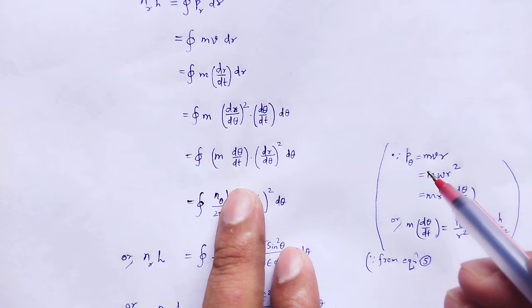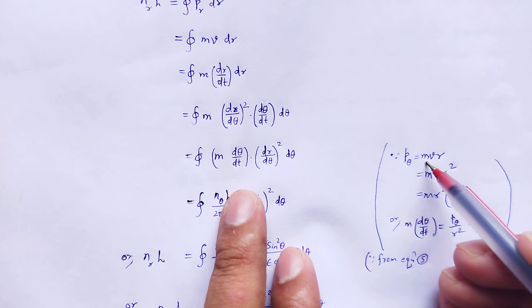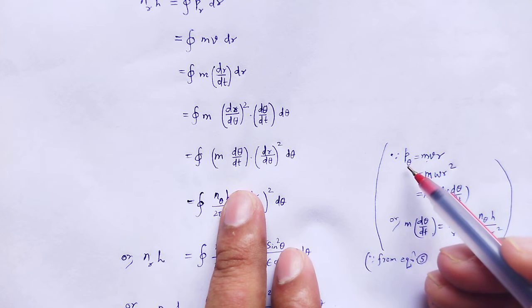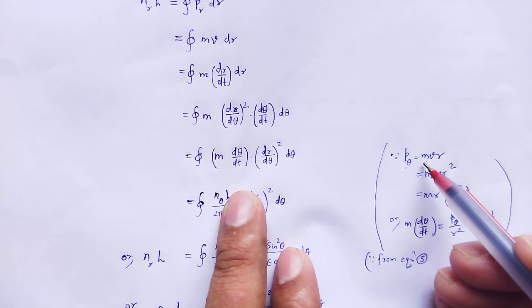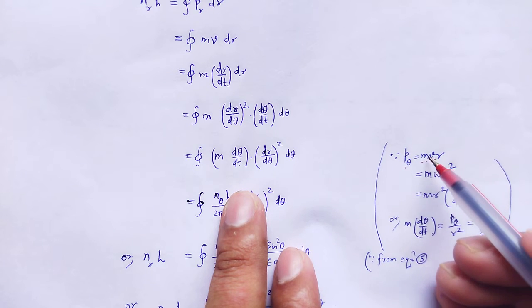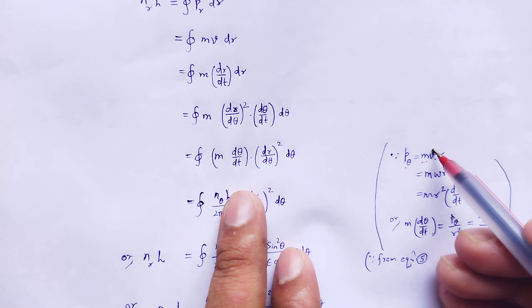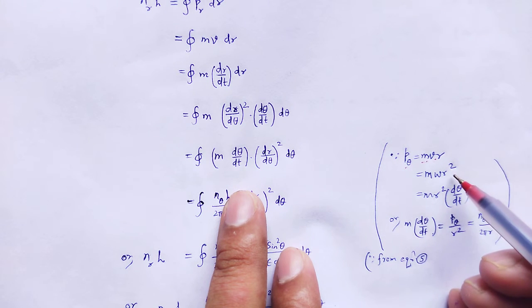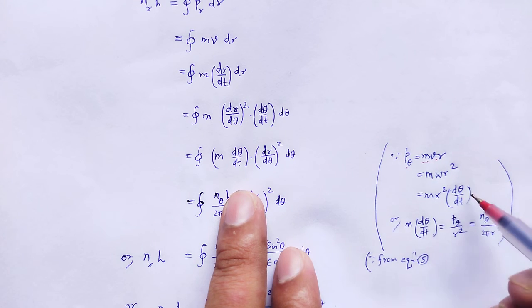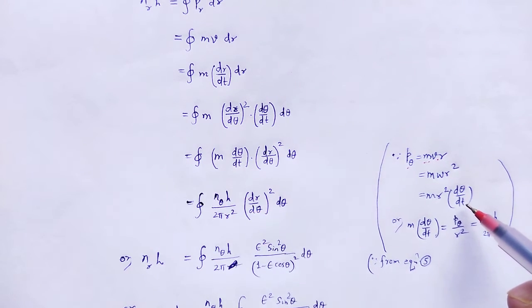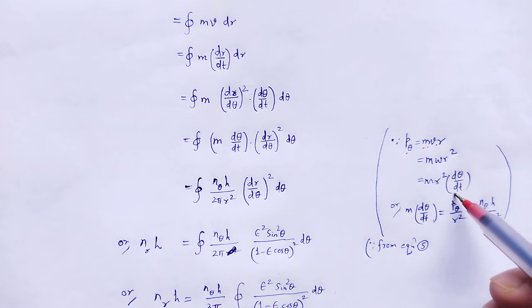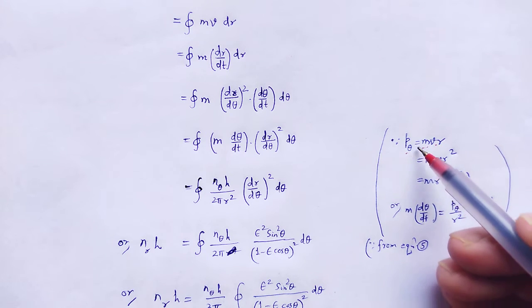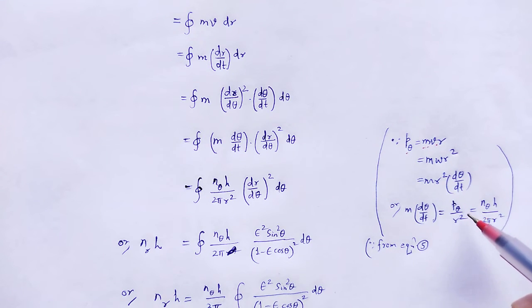As we know, p theta is equal to mvr. This is the angular momentum, that is the linear momentum into radius, mv into r. In place of v, we write r into omega, therefore m omega r square. In place of omega, we substitute d theta by dt. Again, m d theta by dt is equal to p theta divided by r square, taking r square to this side.